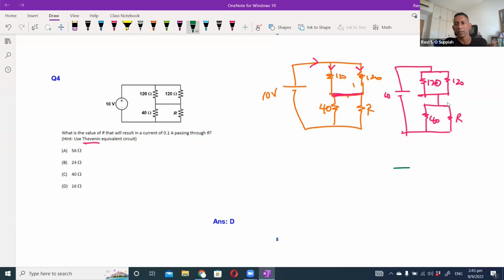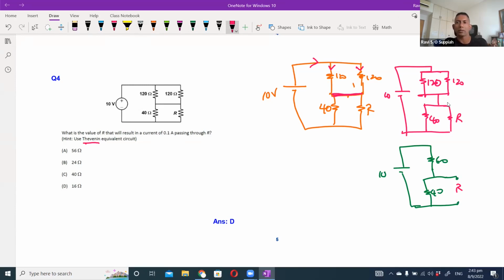So this will be 10, 60, and I have a parallel branch of 40 and R. So this is where the R is. So the first step is, of course, you simplify to get this circuit.